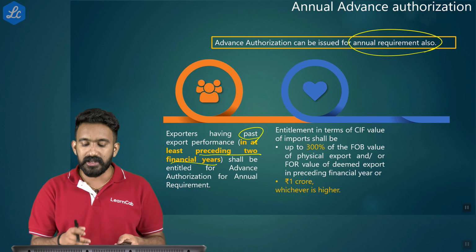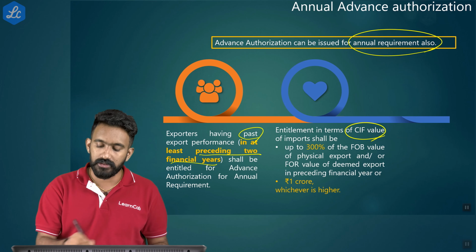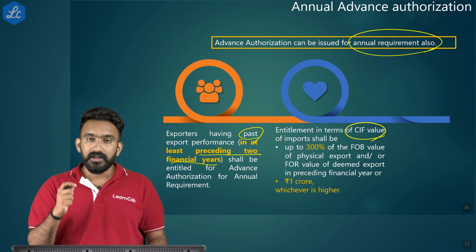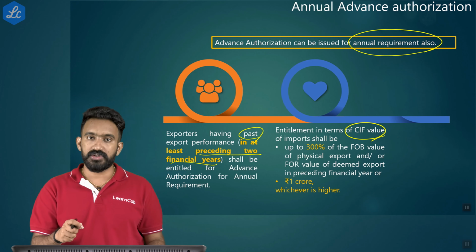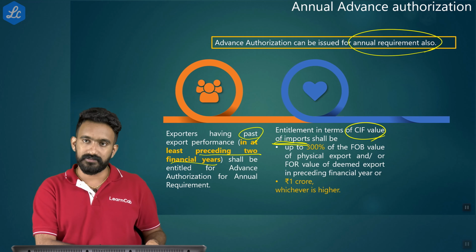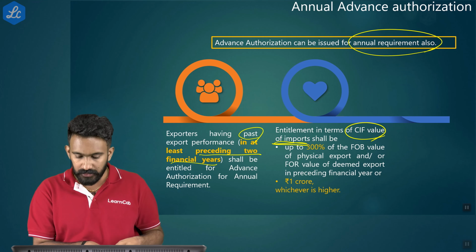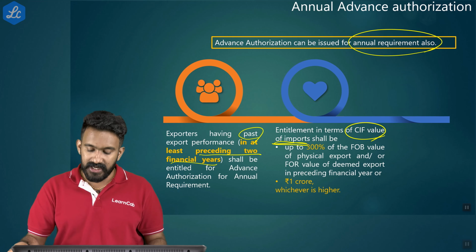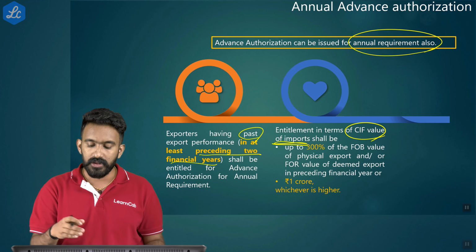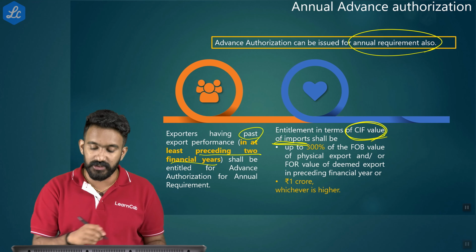And that entitlement of annual advance authorization is based on the CIF value of imports already mentioned. So if I come under this category and have past export performance to prove, then I can get advance authorization of the CIF value which is mentioned.